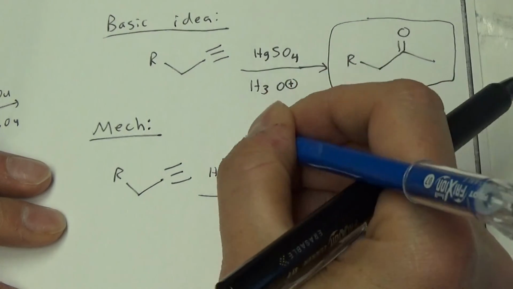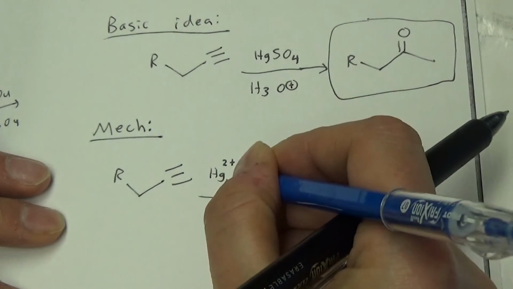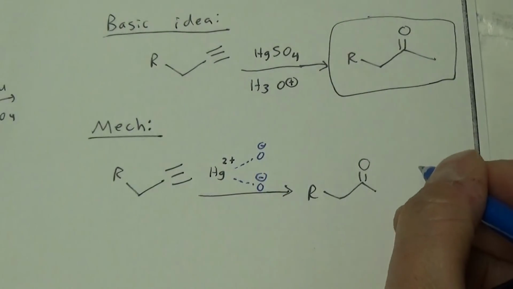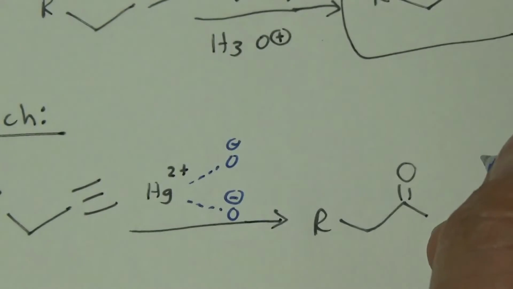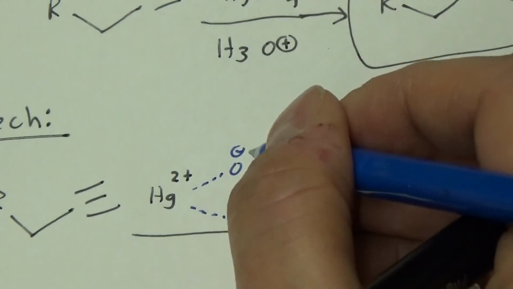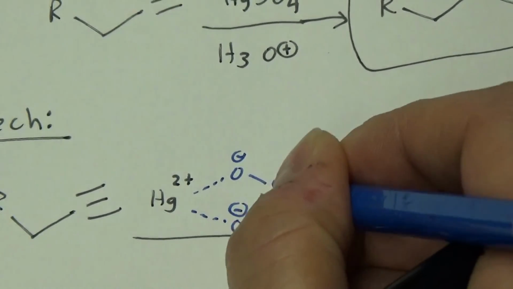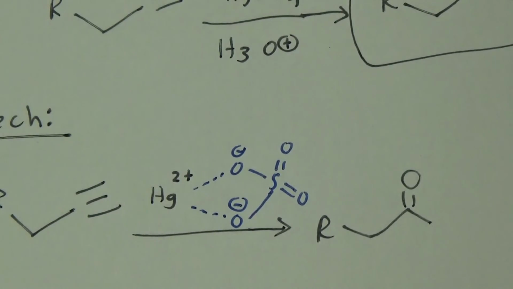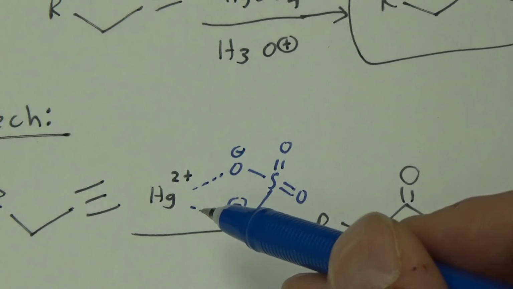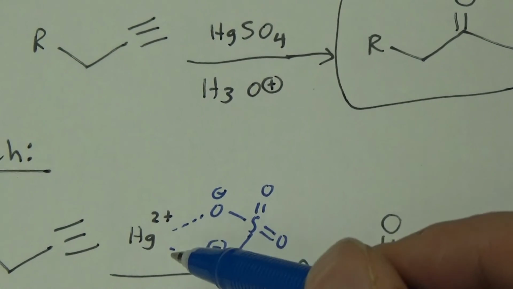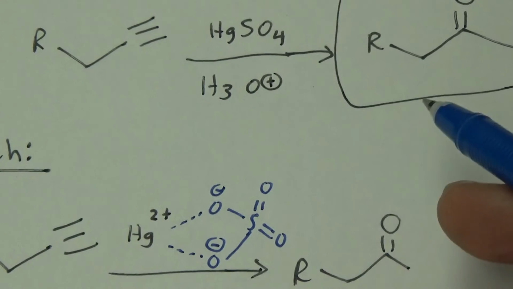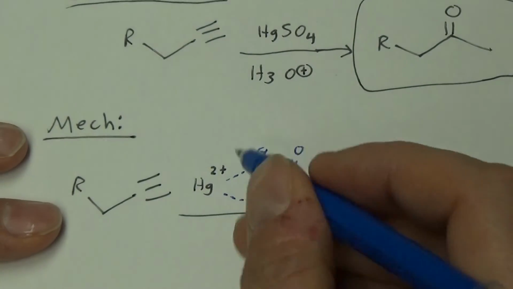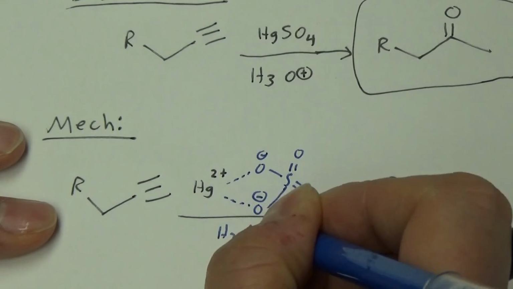So I'm going to draw O with a negative and negative, and the sulfur is here. I'm giving them different colors, it'll help maybe a bit. So that's what HgSO4 is, right? Hg2+, SO4 2-. All right, so there's our reagent. It's a good start. We also have H3O+, acid water.